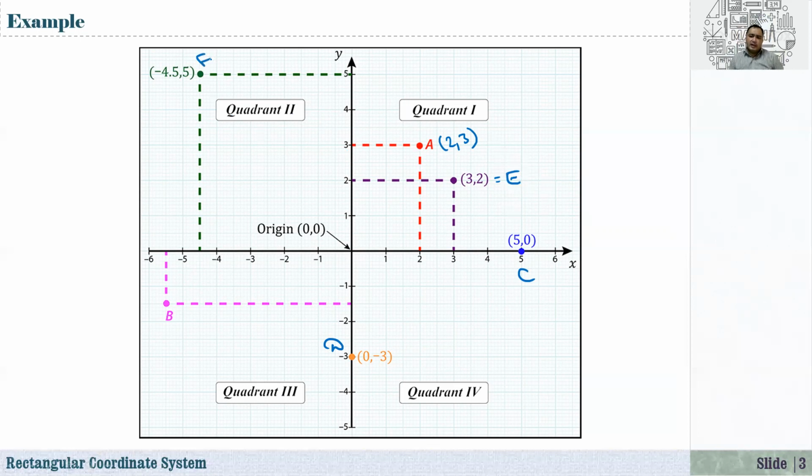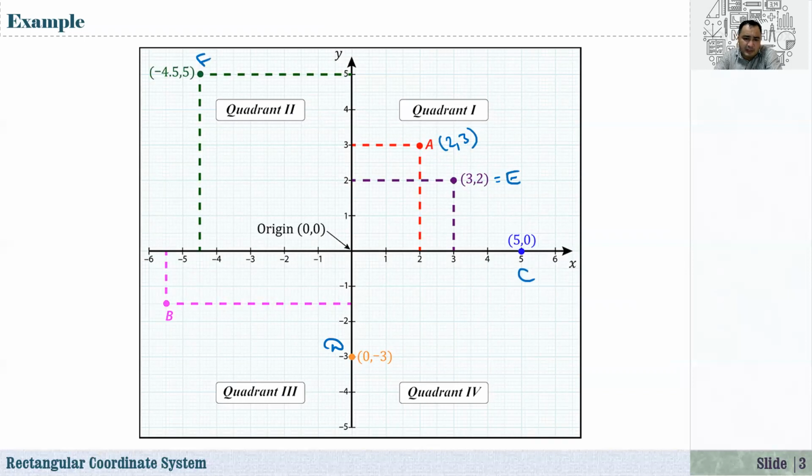As you see here, point A and point E belong to the first quadrant because both coordinates are positive numbers. Now, if you look at point F, for example, the x coordinate is negative 4.5 and the y coordinate is 5. The x coordinate is negative, that's why it belongs to the second quadrant, and the y coordinate is positive.